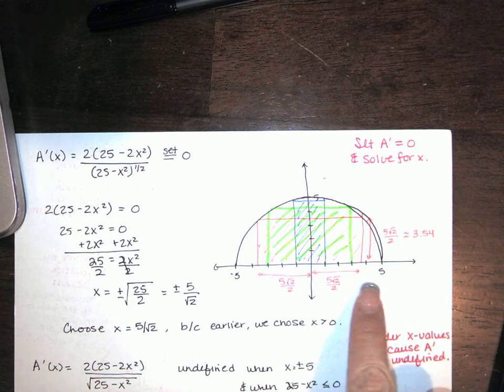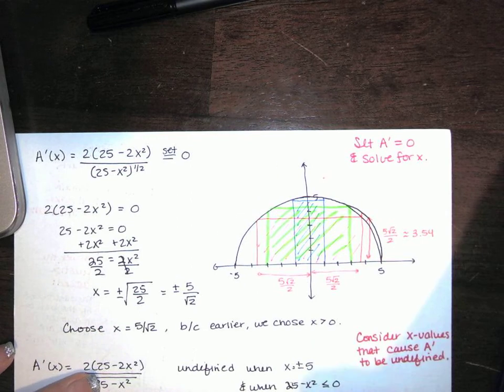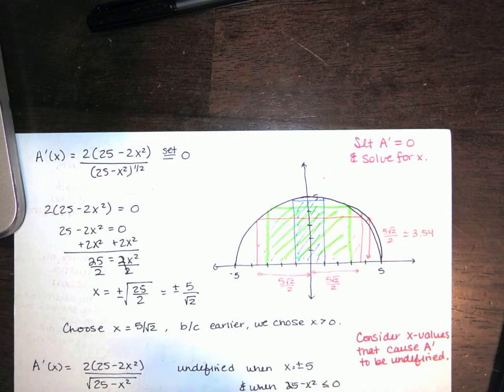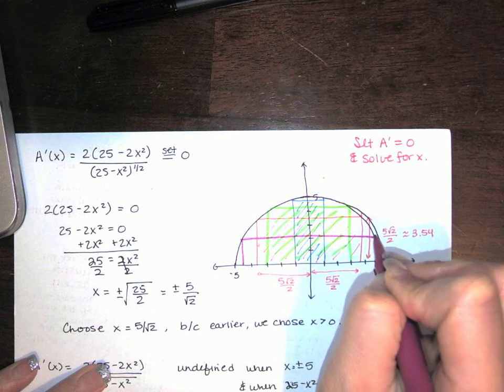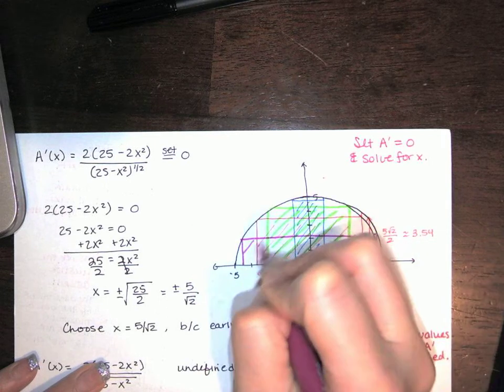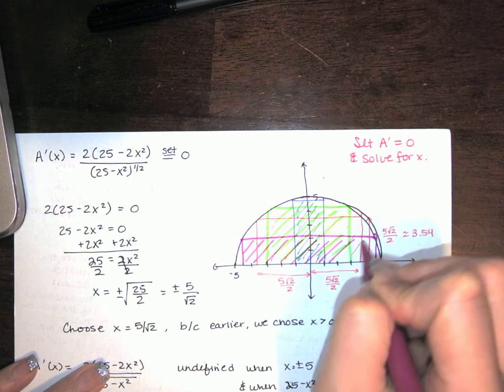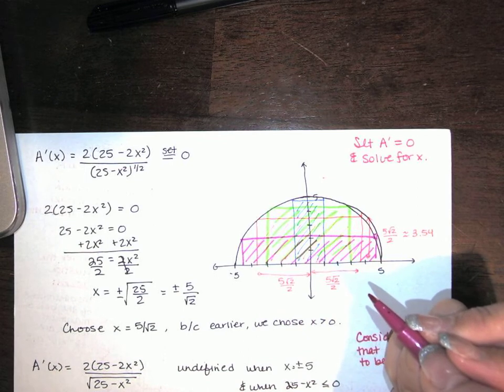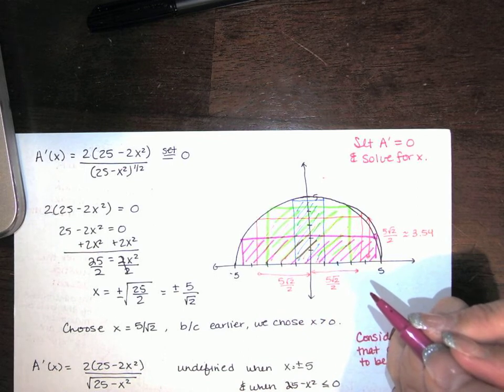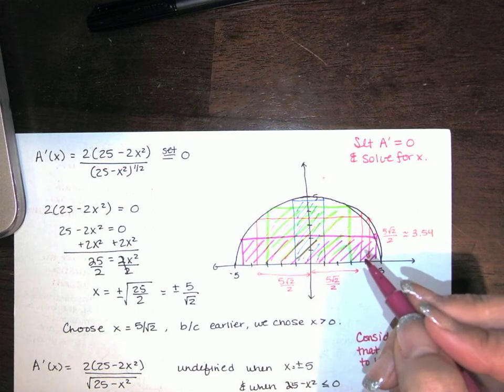What if you're saying, well, what if we go out farther? Let's make it short and wide. Maybe that's our rectangle. All of those are rectangles that are inscribed in this semicircle, but the one with the maximum area is the red one, the one that I started with at the beginning.